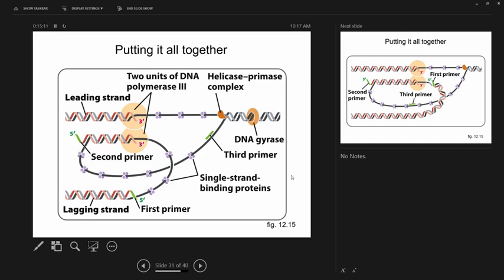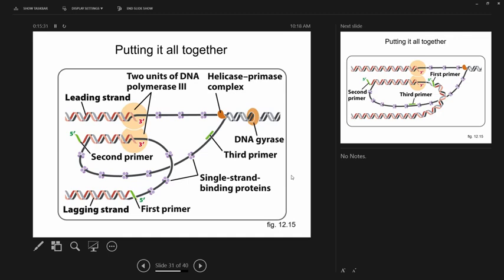Helicase is moving from left to right, and it's using ATP to break the hydrogen bonds that hold the DNA together. Right? You have DNA gyrase that's going out in front of the replication fork and allowing the DNA to unwind.